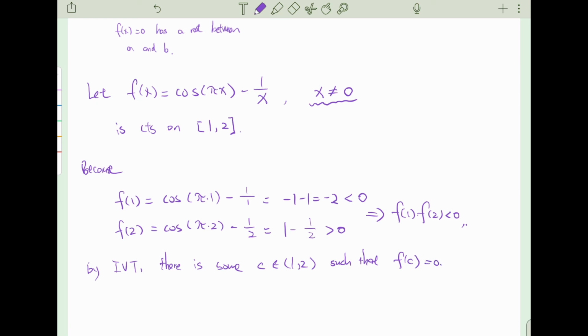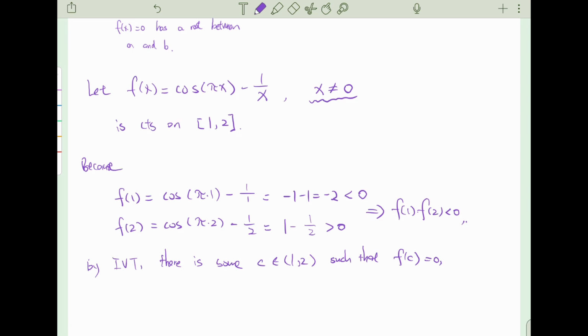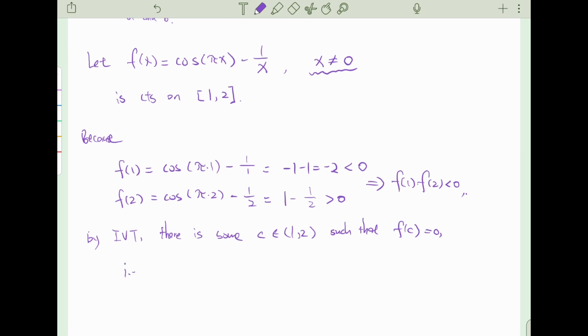And that being said, cos of pi times C minus 1 over C is equal to 0, right?